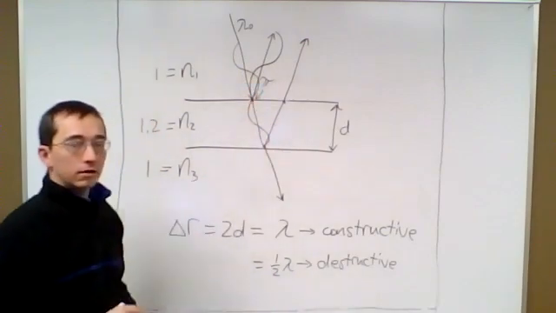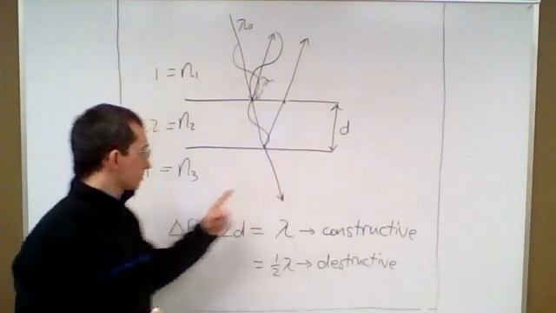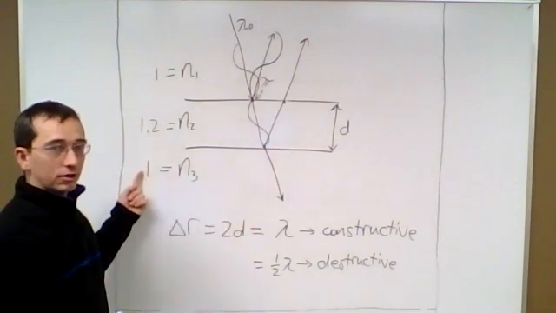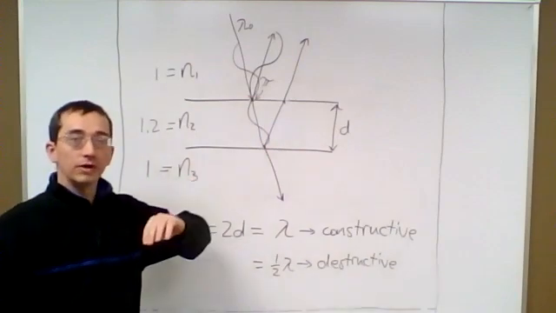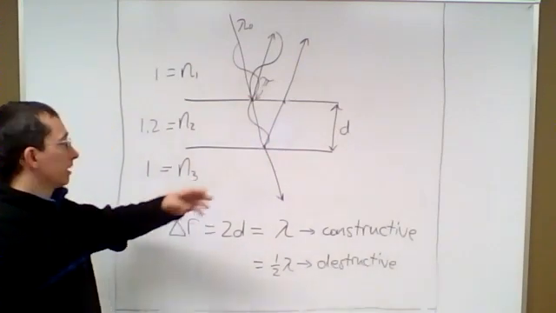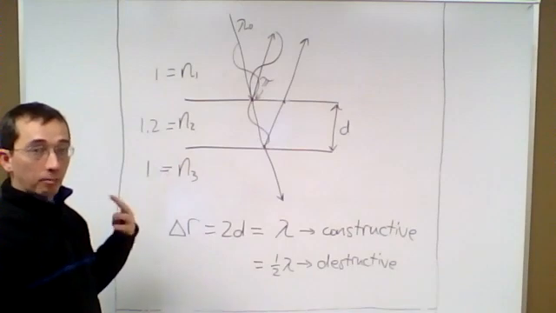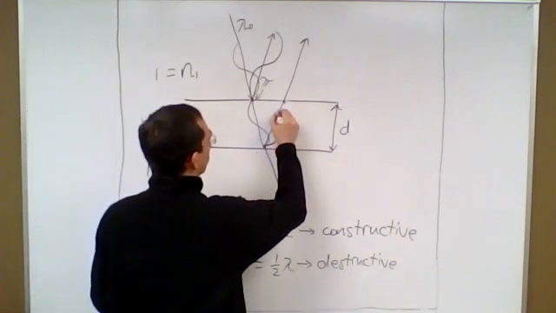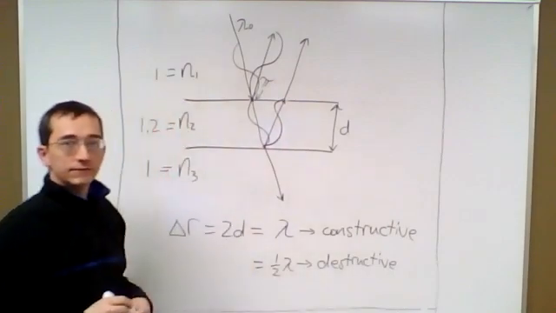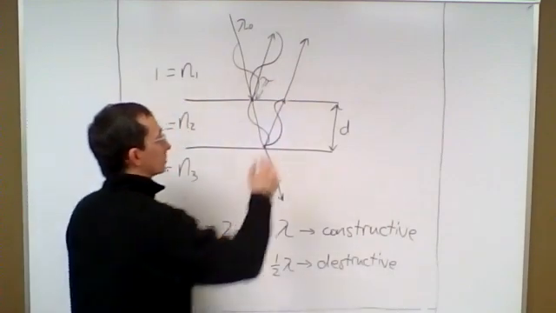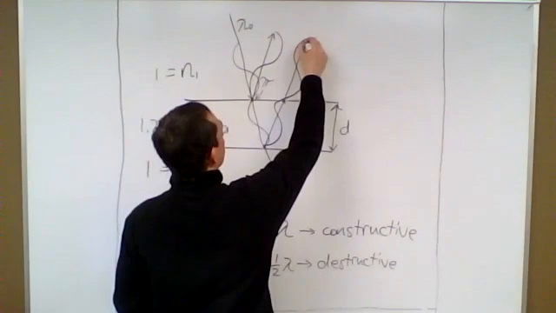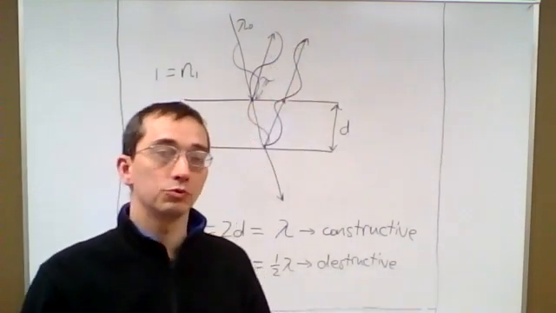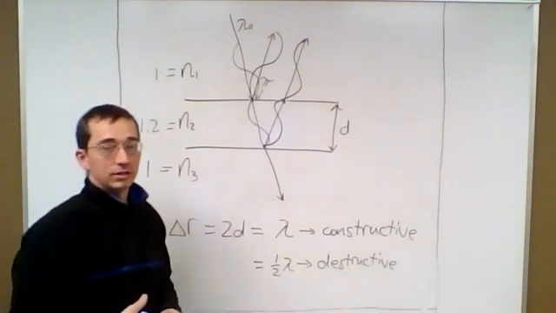All right, gets there. But now it bounces off a smaller index of refraction, which is like a string bouncing off a free end. And so it comes back upright. So that means it's going to go like this. Okay. And then it comes out, transmits. And look, now they're out of phase. Those waves that are coming out are out of phase.